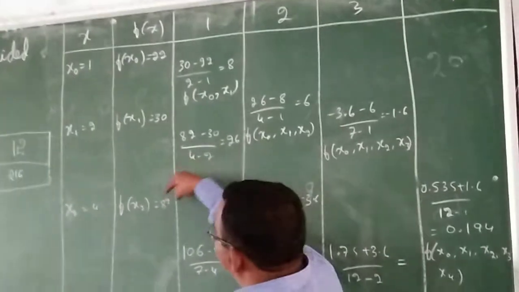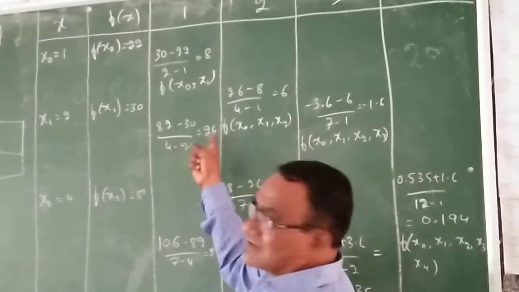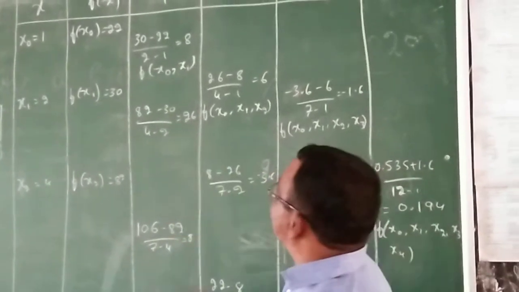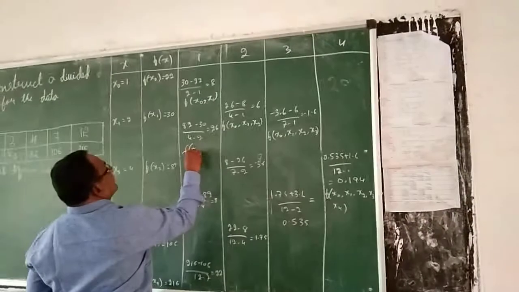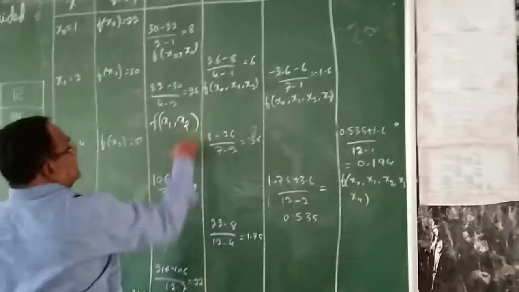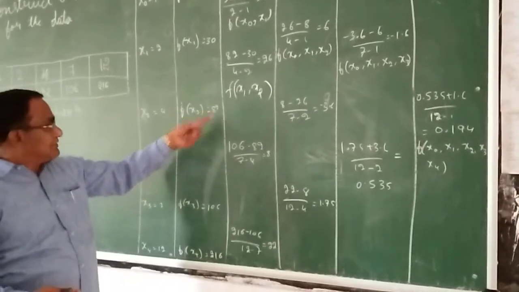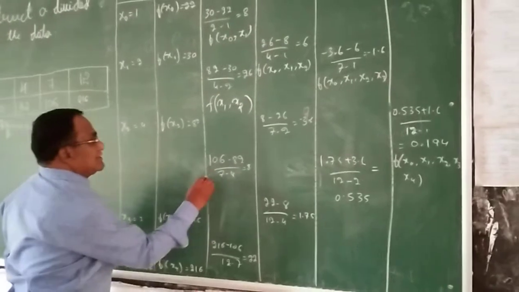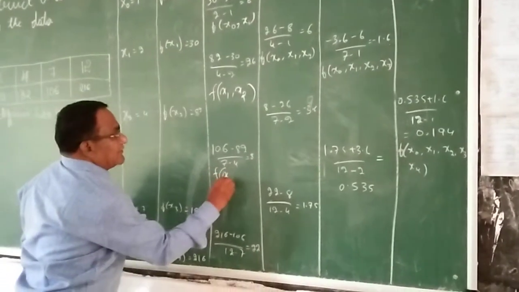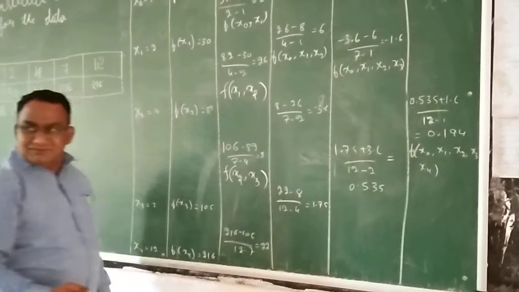Next, 82 minus 30 divided by 4 minus 2 is equal to 26. This is nothing but f of x1 comma x2. Similarly, 106 minus 82 divided by 7 minus 4 is equal to 8. This is nothing but f of x2 comma x3.